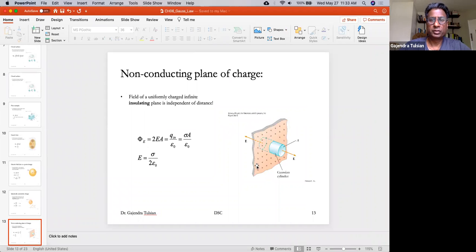So now I'll show you the details of this calculation. Now let's look at a non-conducting plane of charge. So here's the plane of charge. I'll draw 2 diagrams.